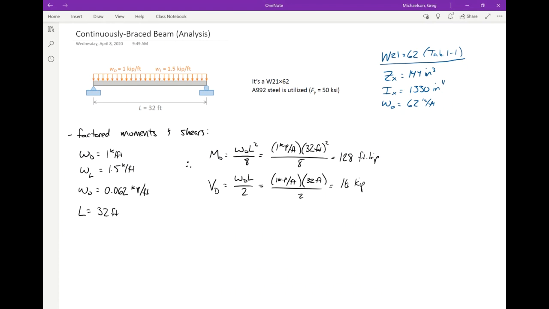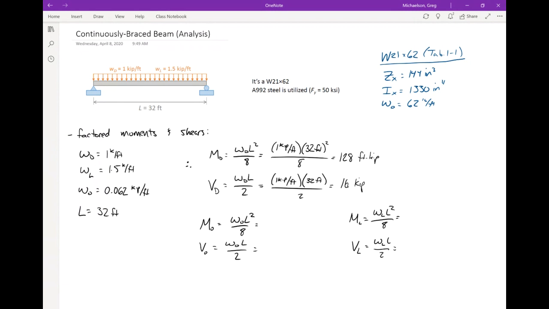All right. Now, that's for the dead load. Similarly, we're going to have this for the self weight and for the shear. It's literally the same calculation, just different loads.